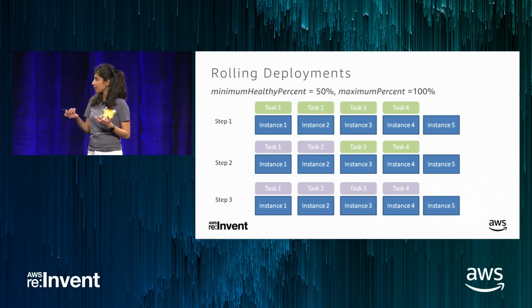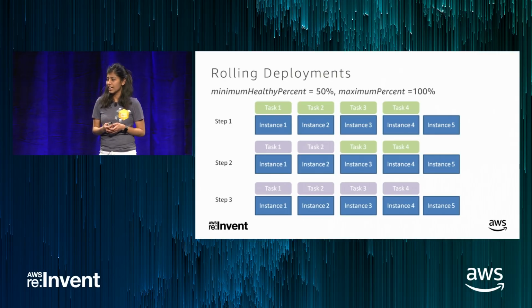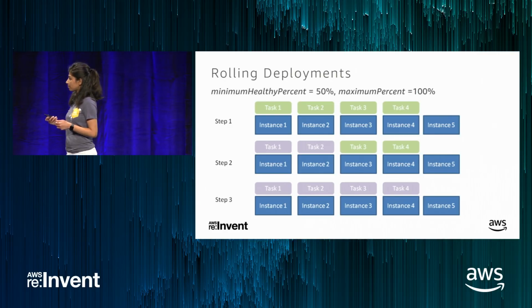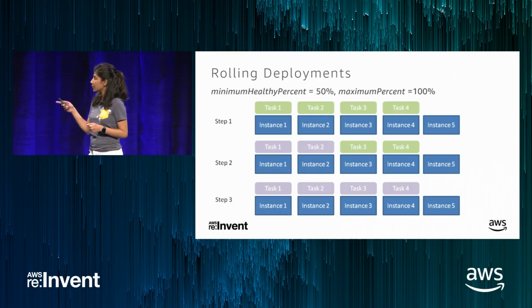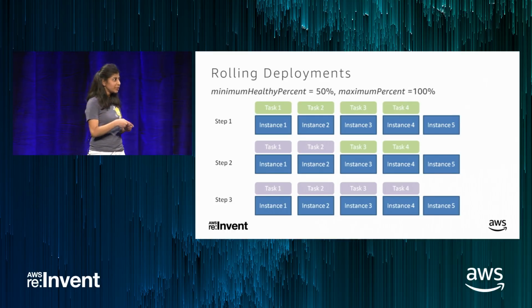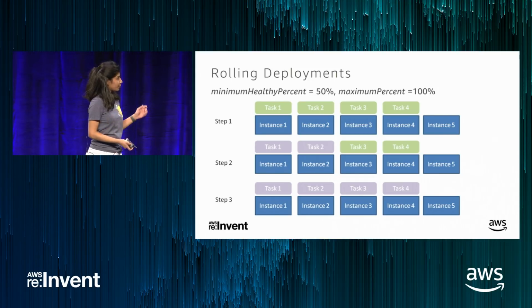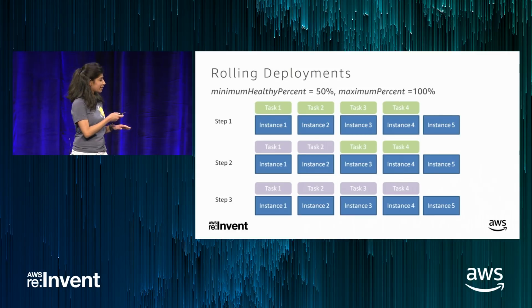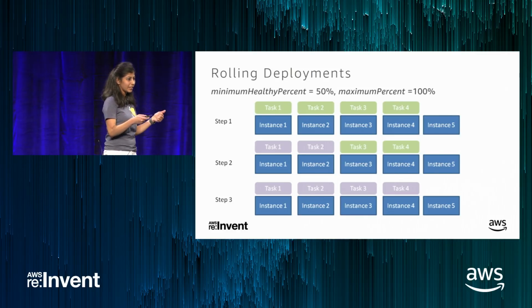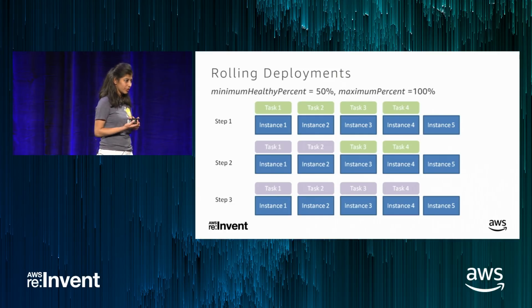And by doing that, the native service scheduler that ECS has will take down 50% of your green tasks and replace with new purple tasks. So that's what you see in step 2. So 50% of that is taken down and replaced, and now purple tasks are up and healthy. And in step 3, it will take down the other green ones and replace with the purple ones.